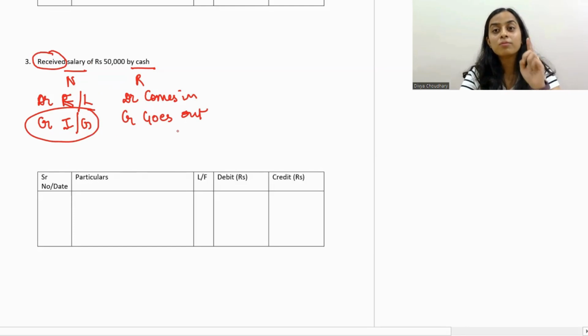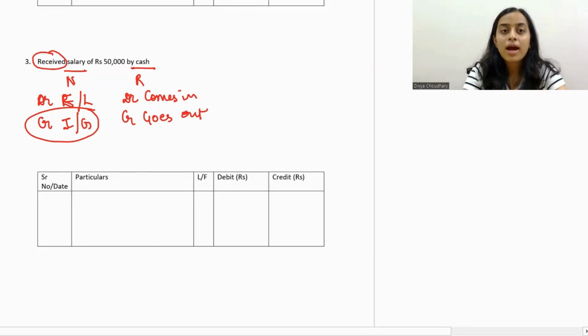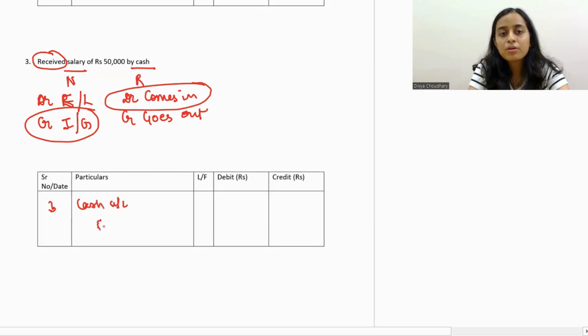I have to think from business point of view. And cash is coming into the business. So my journal entry would be cash account debit to salary account. How much is it? 50,000.